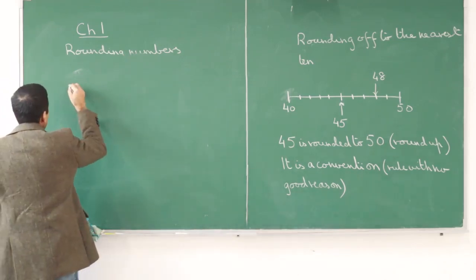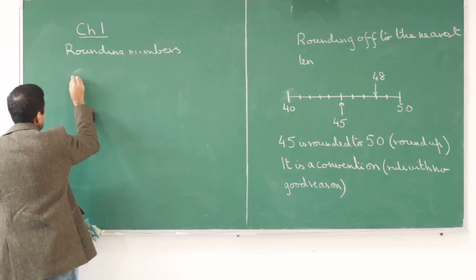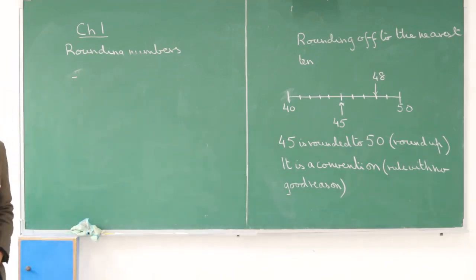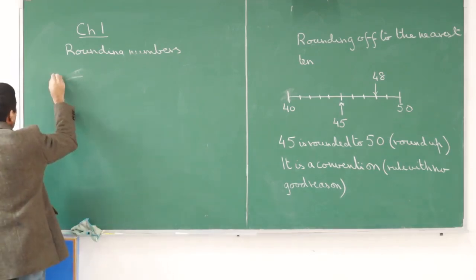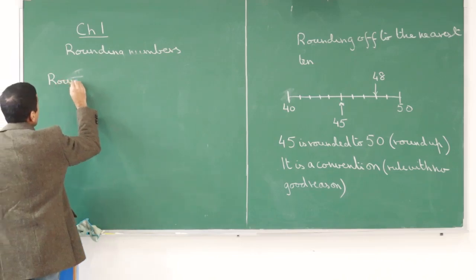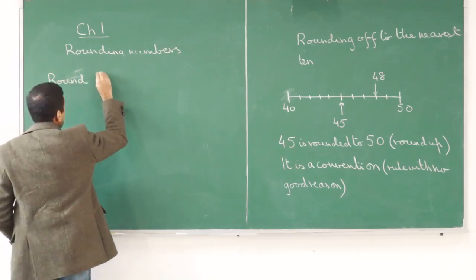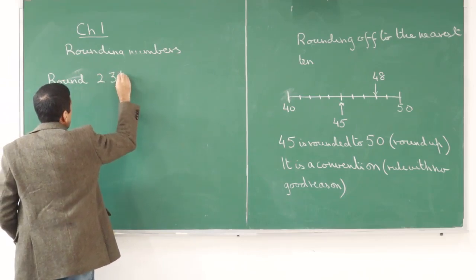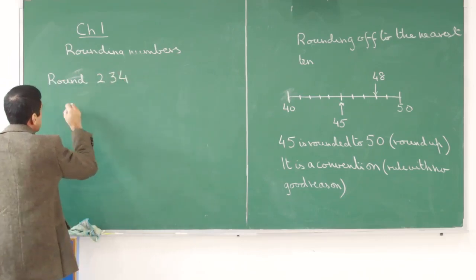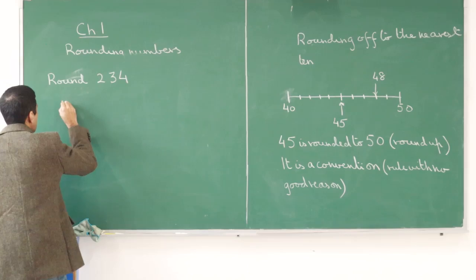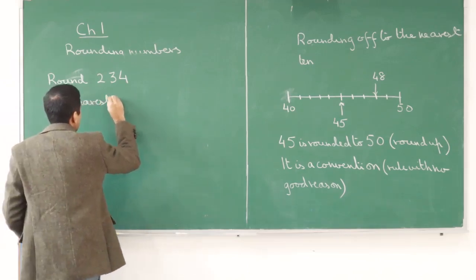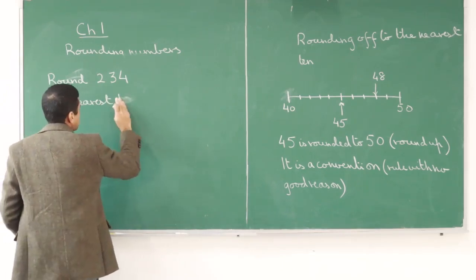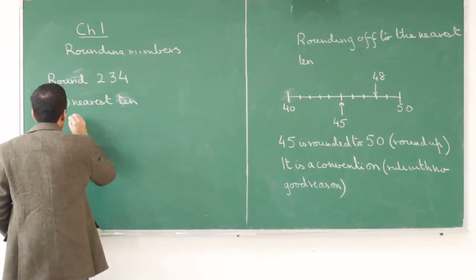Let's do a problem like round 234. First let's round to the nearest 10, and then let's round to the nearest 100 also.